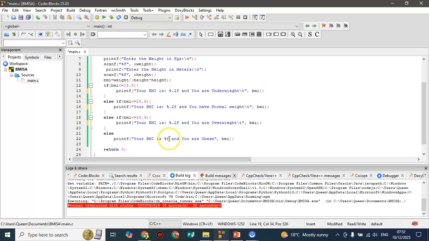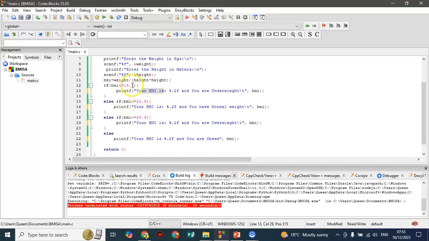0.2f. Sorry for that, it should be 0.2f. The moment your BMI is computed here, it is compared against this criterion that we have supplied, such that if it is below or equal to 18.5, then the first statement is executed. If that is not the case, then the program checks.